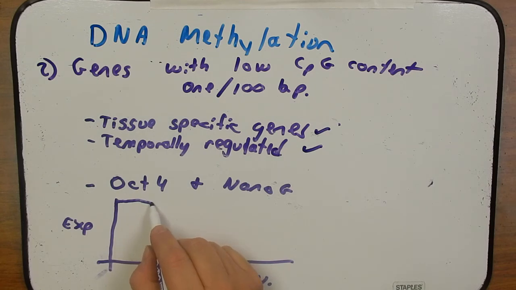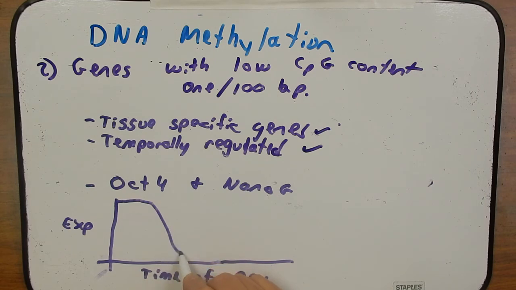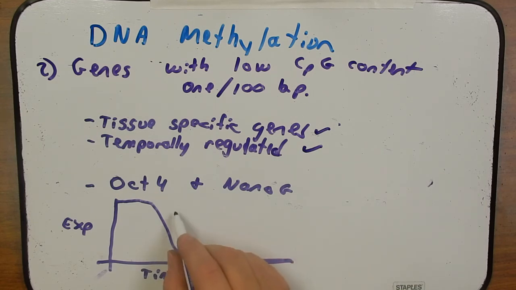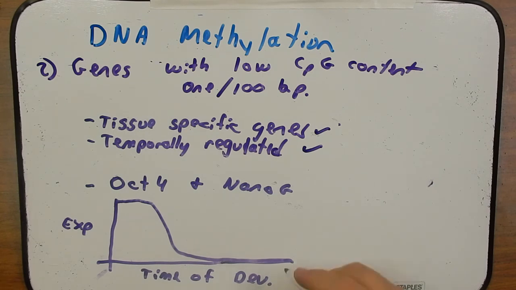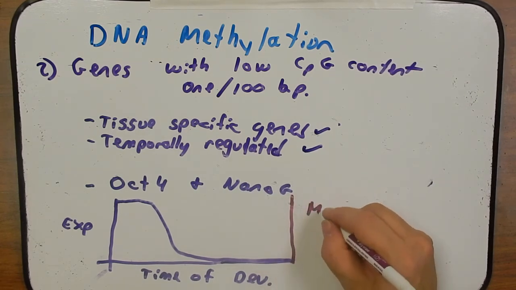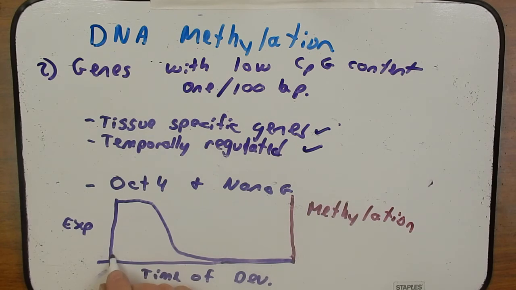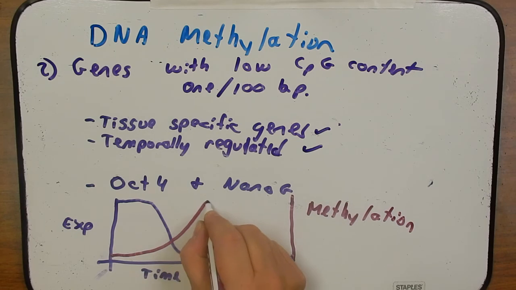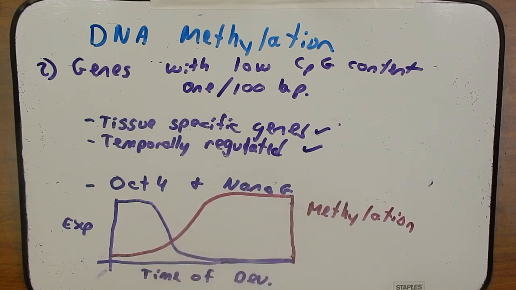And as those ectoderm and endoderm layers begin to differentiate, the expression goes down and stays down for the rest of the adult life. And what we see is methylation, the genes being methylated during this time. So if we were to draw another axis over here and call this methylation, we would see low methylation early on of these two genes that would slowly increase over time. So it's inversely proportional, this expression, with the methylation during development.